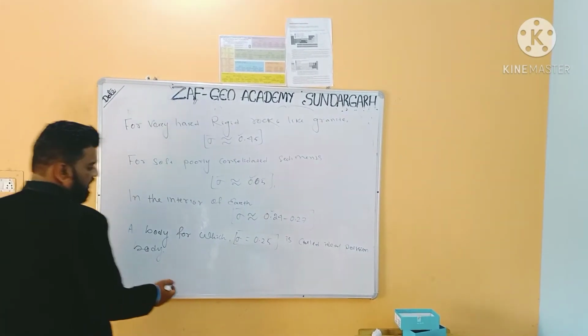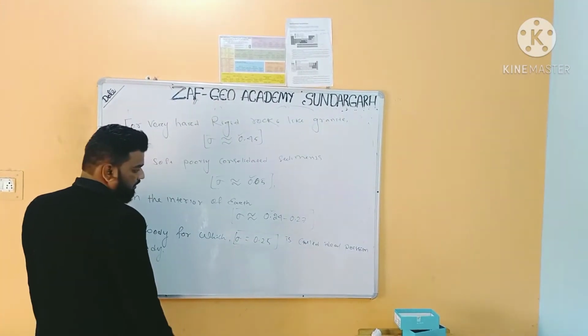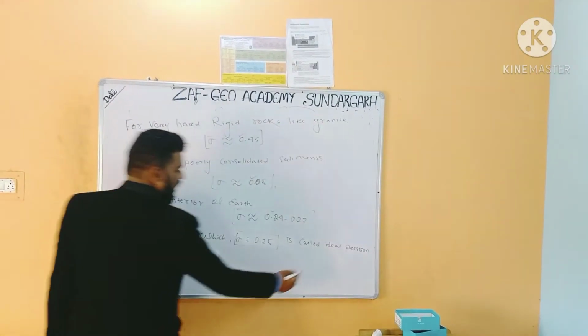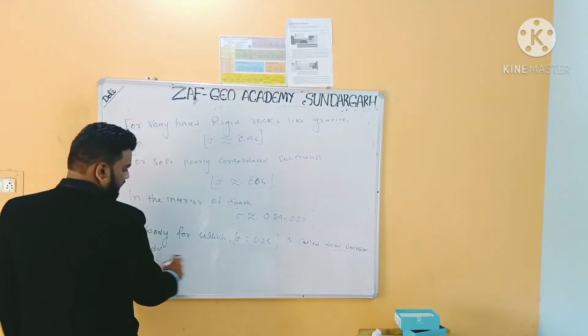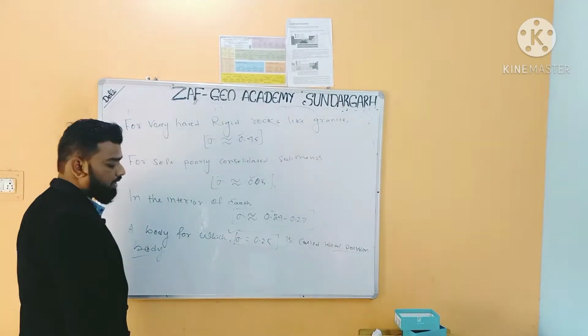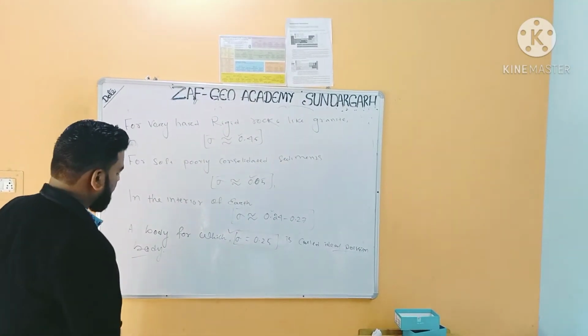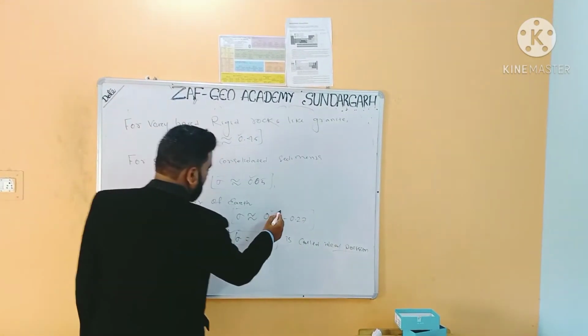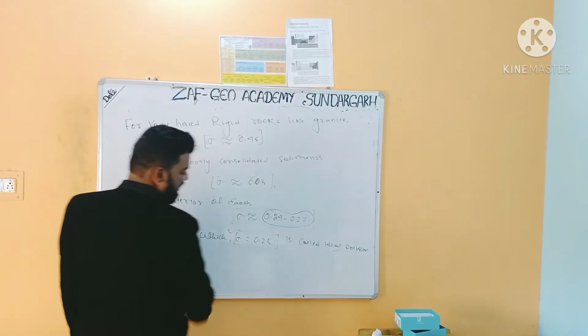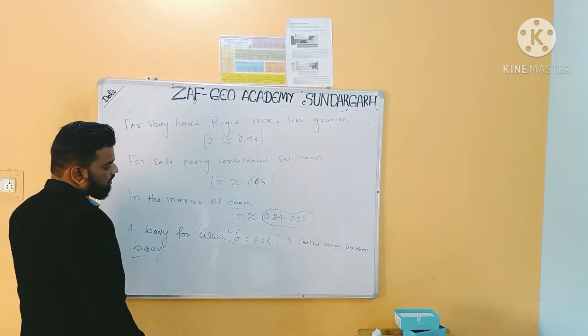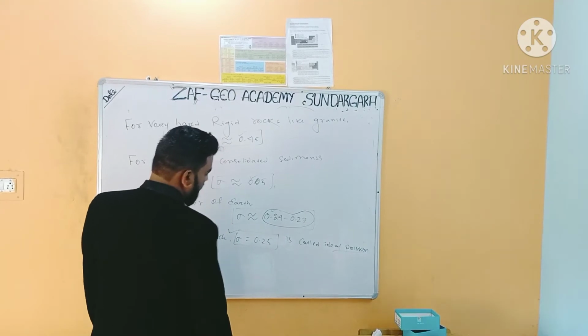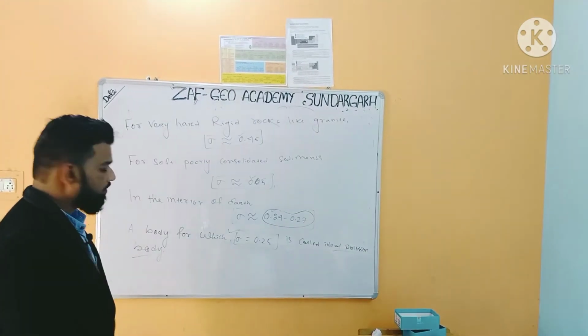A body for which the sigma value is 0.25, we call this an ideal Poisson body. Remember this, sigma equal to 0.25 is called an ideal Poisson body. So in the interior of Earth, the material is nearly equal to the ideal Poisson body value.